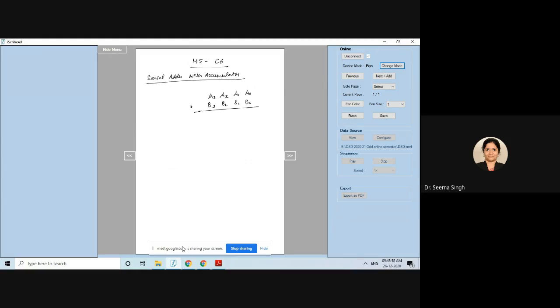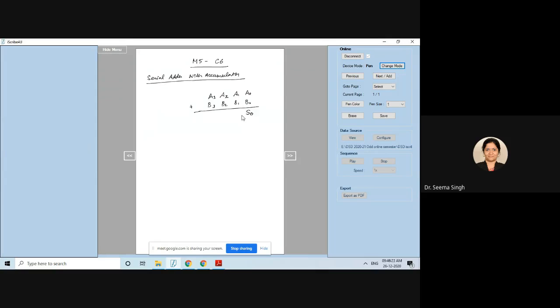When I want to add two numbers, I will have to add this A naught and B naught, right? So the first job of your full adder will be to add A naught and B naught to get S naught. Now this S naught is one bit of the answer.